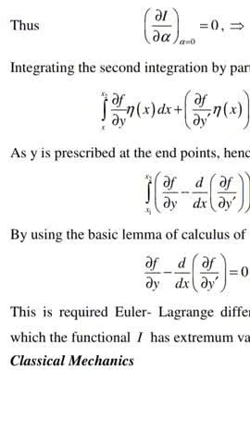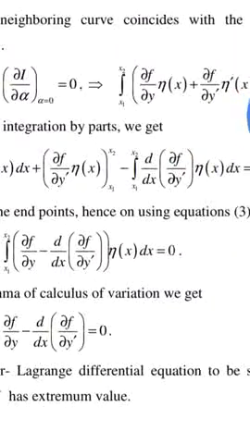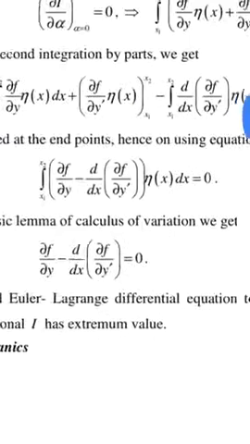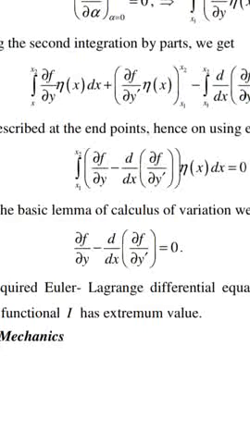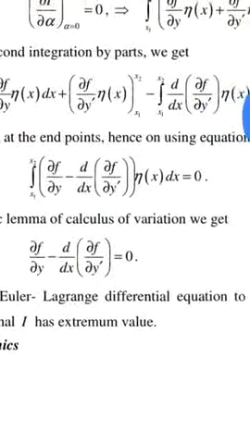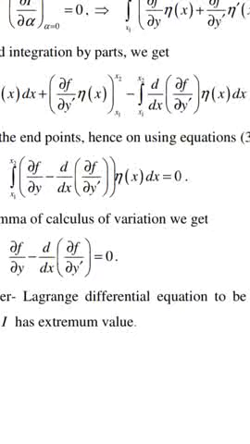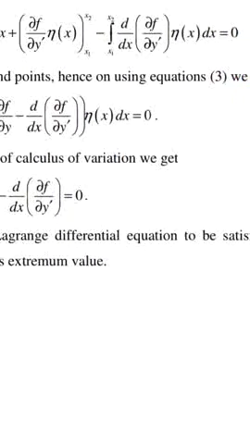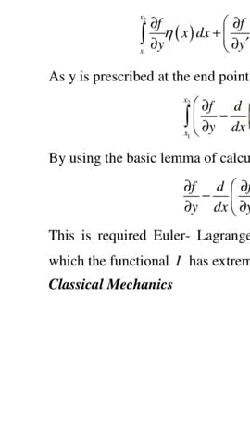Integrating the second term by parts, keeping del f by del y dash eta dash of x, we get del f by del y dash eta of x from x1 to x2 minus the integral from x1 to x2 of d by dx of del f by del y dash eta of x dx is equal to 0.